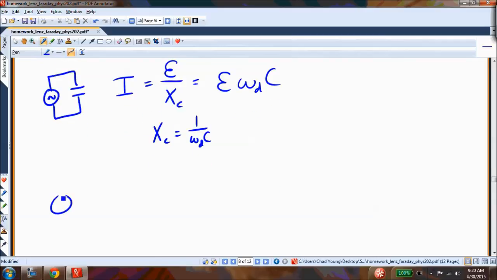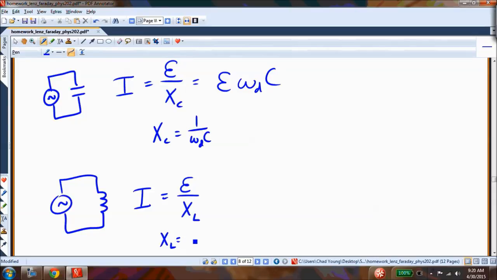And similarly, if I had a circuit that had an inductor like this, the current here is equal to the EMF divided by the inductive reactance, XL, but XL is equal to omega d L. So this is equal to the EMF divided by omega d L. So if omega increases, this current will go down.